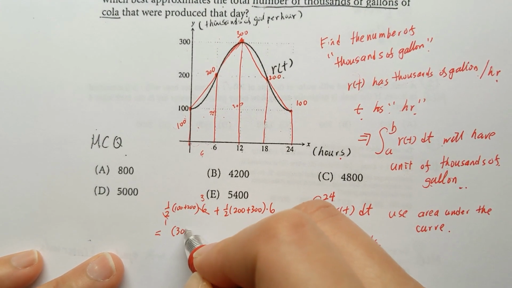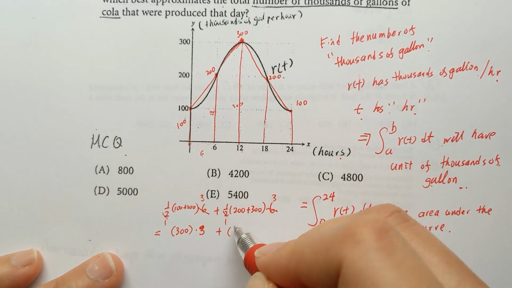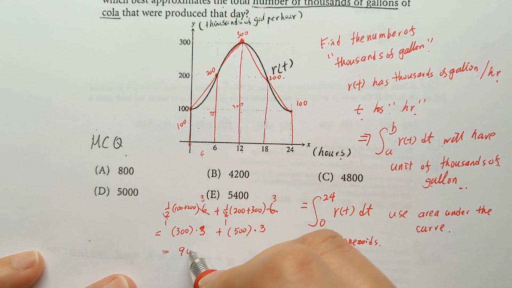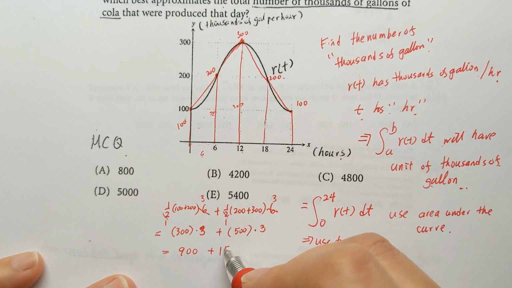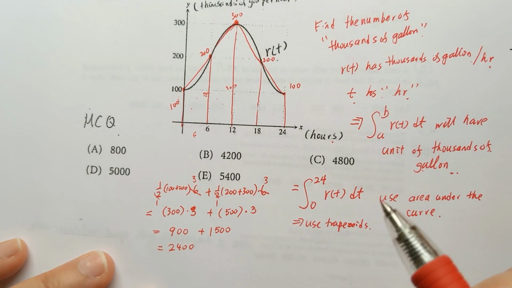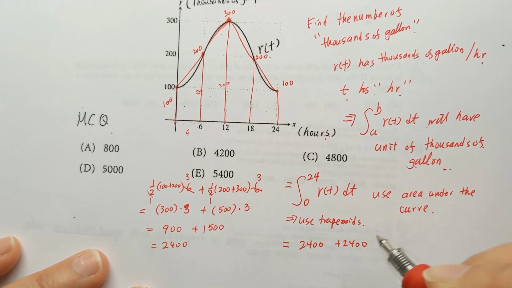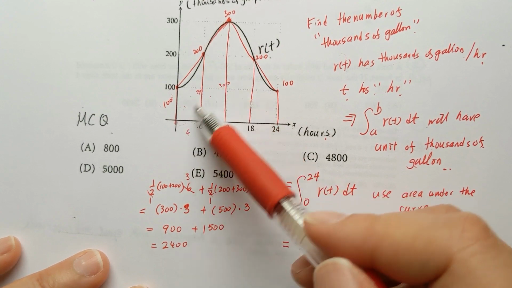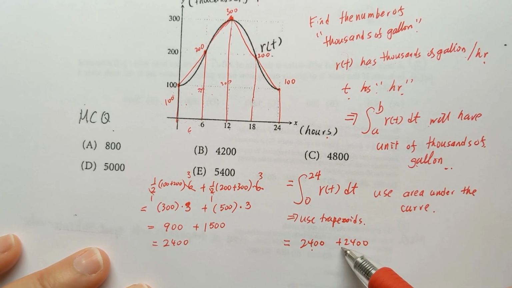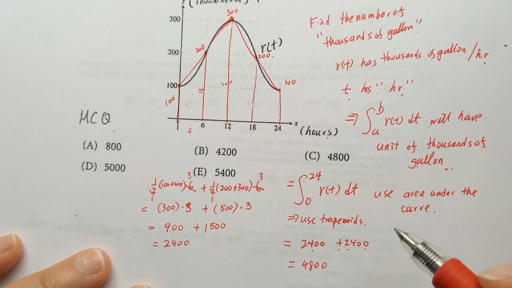I'm going to get 300 times 3 plus 500 times 3. So I got 900 plus 1,500. That would be 2,400. So over here, I'm going to get 2,400 plus 2,400. The reason is these 2 together is 2,400, plus these other 2. So 2,400 plus 2,400 would be 4,800.